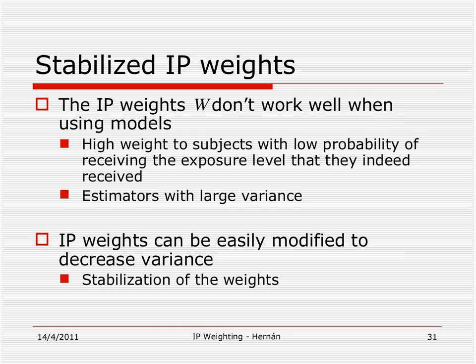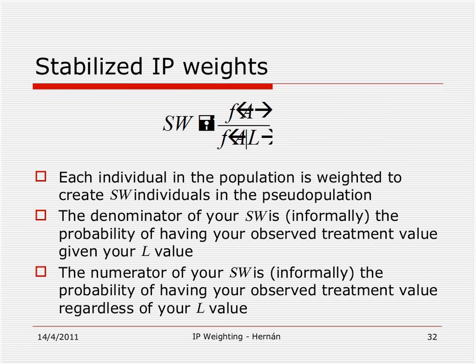And in almost all applications what you see would be stable weights, in which the weights are multiplied by this factor, which is the probability of treatment without conditioning on the confounder. This is done only for efficiency purposes. It doesn't affect the bias adjustment part, which is achieved all by the denominator of the weights, and this is to get a confidence interval that is not as wide.